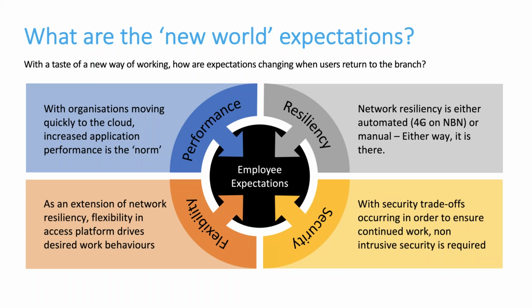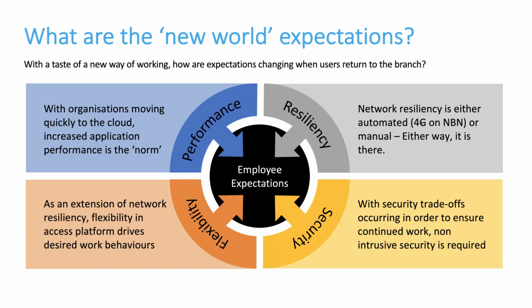I touched on something you said before, resiliency. Customers are going to expect network resiliency. Today, they have it in a remote working environment, whether it's automated or manual. NBN boxes, depending on your RSP, will do 4G backup automatically if there's a problem with the NBN, or as I said before, there are manual opportunities.